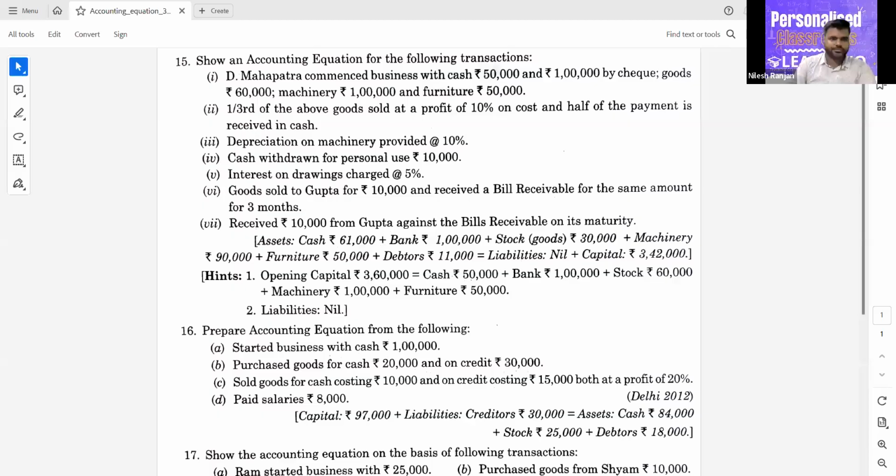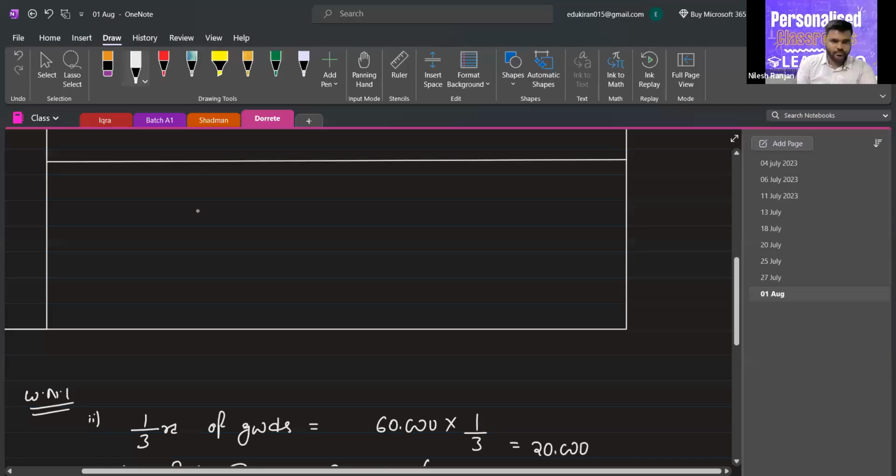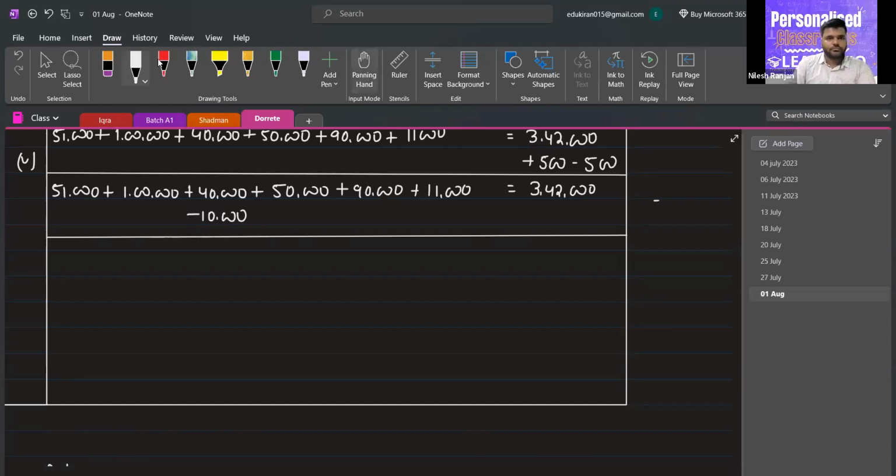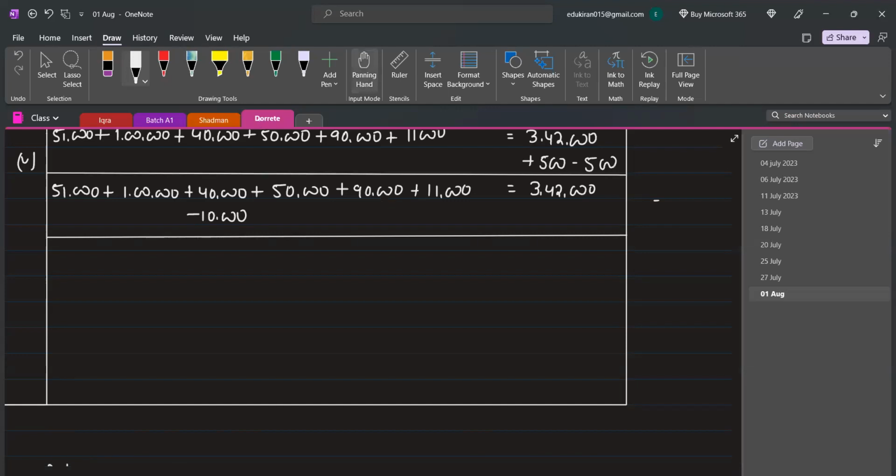The stock will decrease by 10,000, and bills receivable we have received.